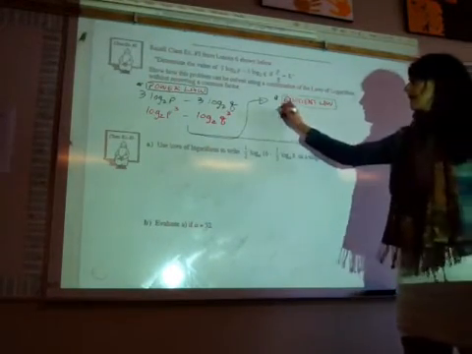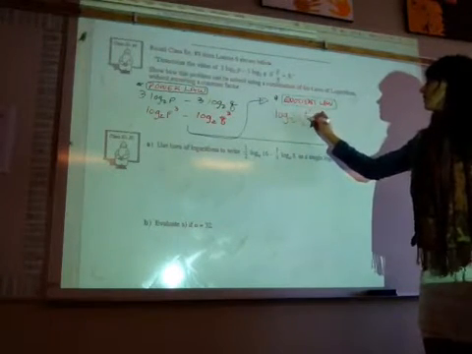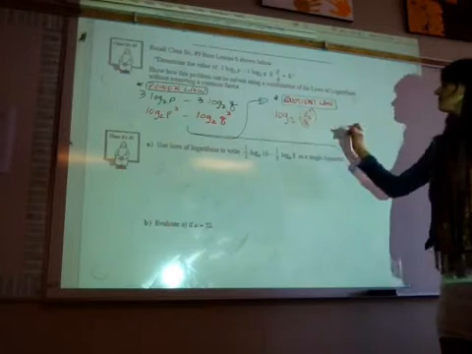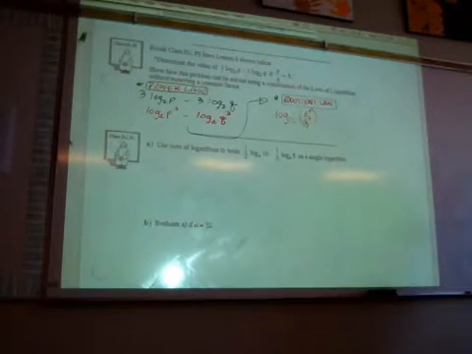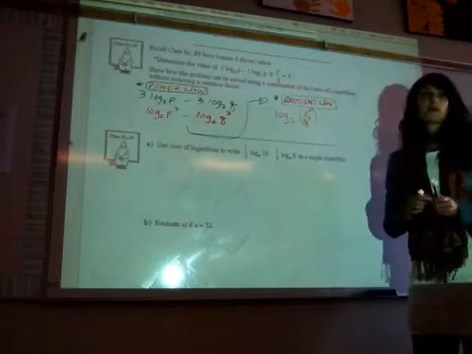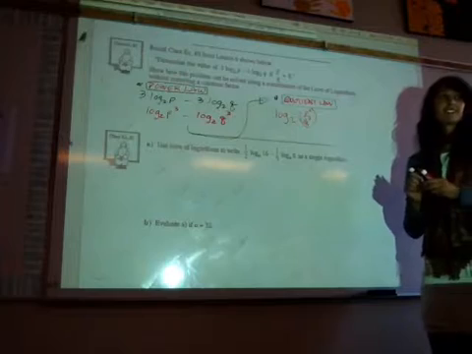So if I do that, I get log base 2 p cubed over q cubed. What can I do with the cube on both the p and the q? It doesn't cancel because they're not the same base.